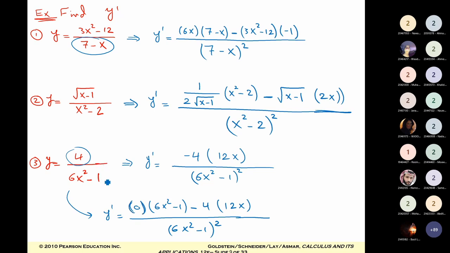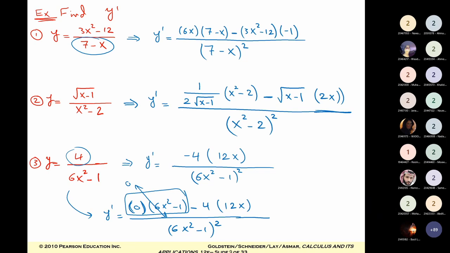Multiply by denominator 6x square minus 1. Okay. Now minus the denominator multiply by the derivative of denominator 12x over the denominator square. Now this multiplication equals what? This is equal 0. Okay. So we have minus 4 multiply 12x over 6x square minus 1 all square.